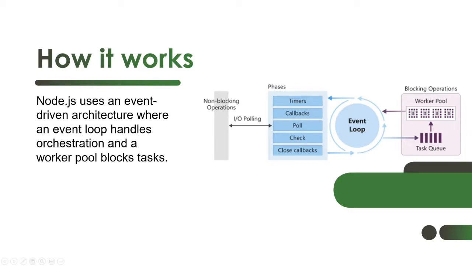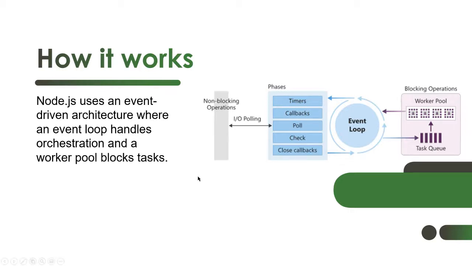Now we have the timers, and if you take a look at the pieces, these timers process callbacks scheduled by setTimeout and setInterval. We also have the callbacks next in the diagram that run pending callbacks, and also we have the poll phase that retrieves incoming input and output events and runs the input-output related callbacks.